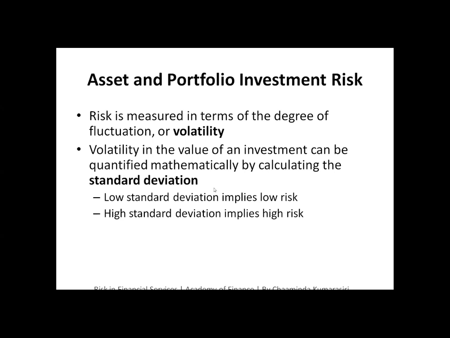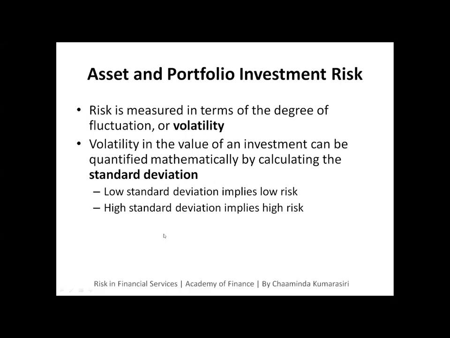The volatility is measured or quantified using a dispersion measure we discussed in the previous topic: the variance, and then the square root of variance, which we call standard deviation. Standard deviation is a measure of risk or volatility. A low standard deviation implies low risk, and a high standard deviation implies high risk. That's how it works.